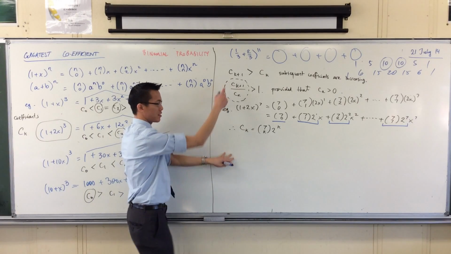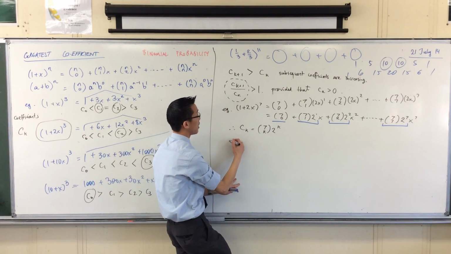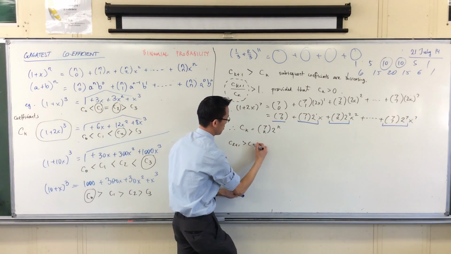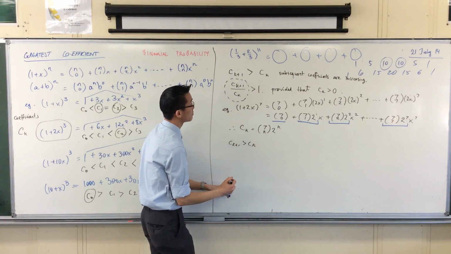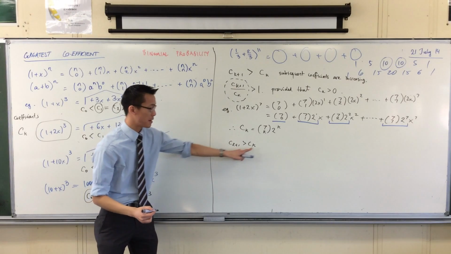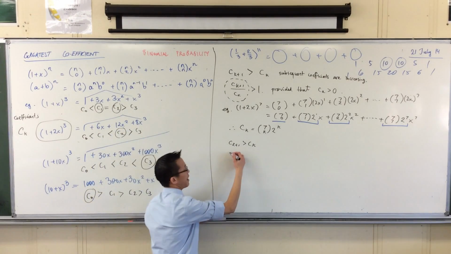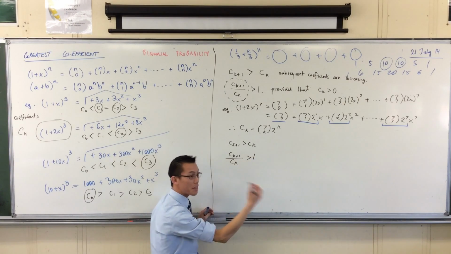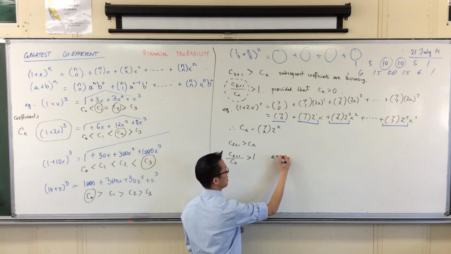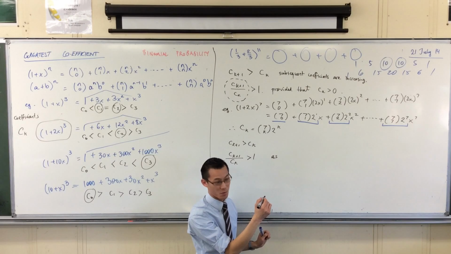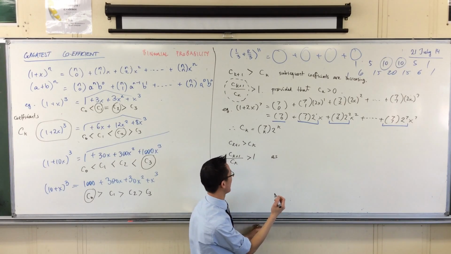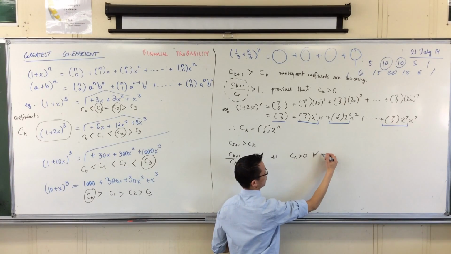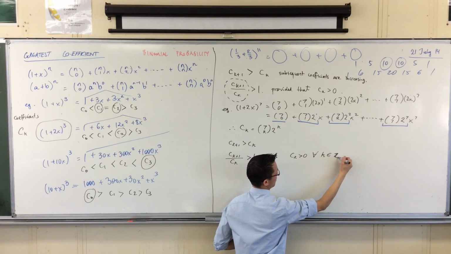I want to compare these two. I want the next one to be bigger than the current one, right? Now, please don't skip to this step without saying this. You don't have to say it in this language, but I'm just going to write it in the shortest language I can. ck is greater than 0 for all values of k.